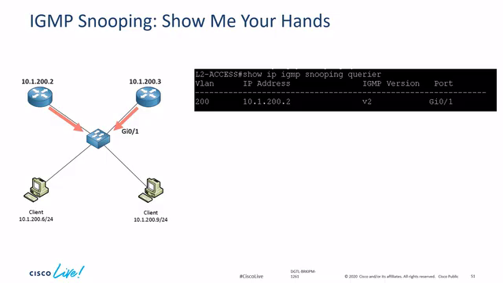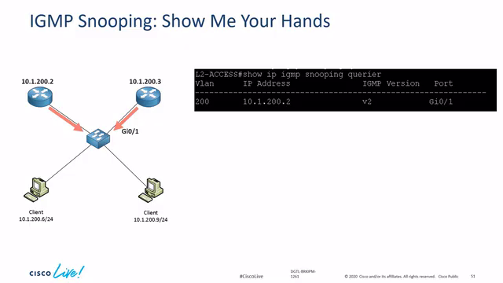So as an example, when the routers come onto the segment and send an IGMP query, the switch is going to learn, okay, on these ports and in this VLAN, this is the device that's going to be the querier for the segment, and so it's going to optimize the multicast flow.